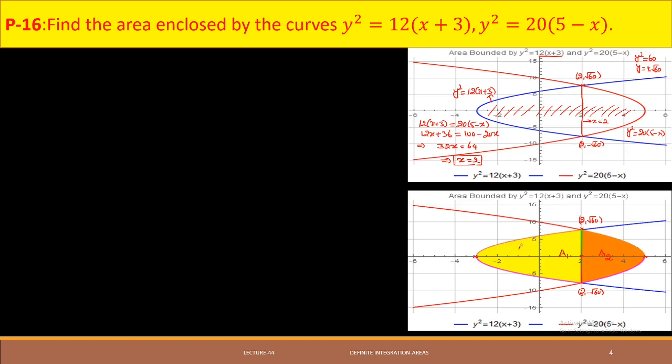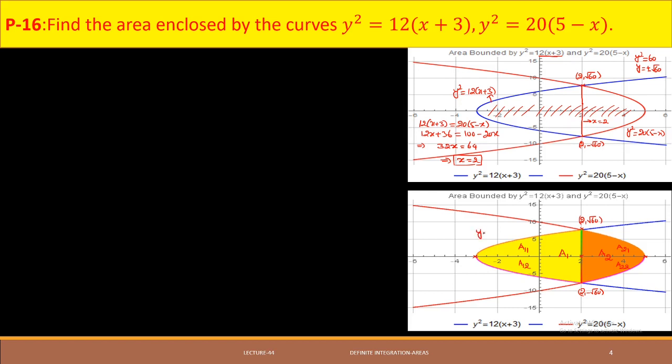Further this a1 is divided into two parts, namely a11 and a12, and this a2 is further divided into a21 and a22, because this a11 region is under this portion of the curve and a12 is under this portion of the curve.